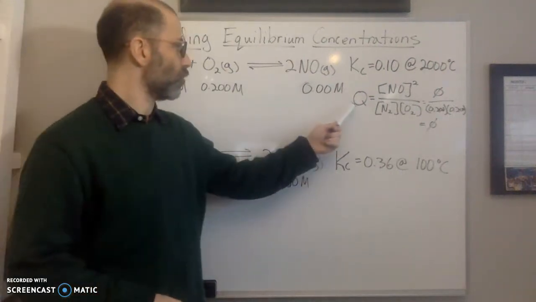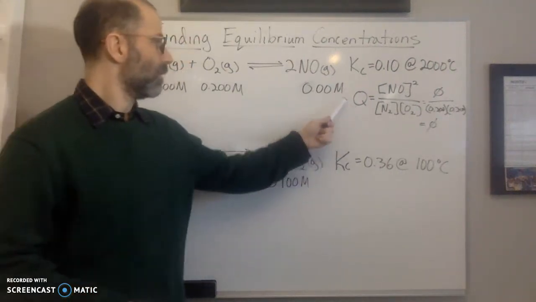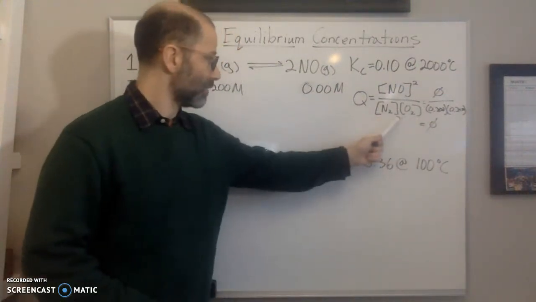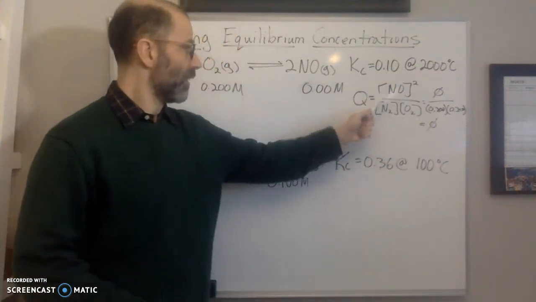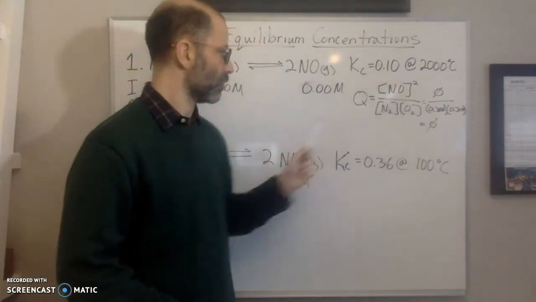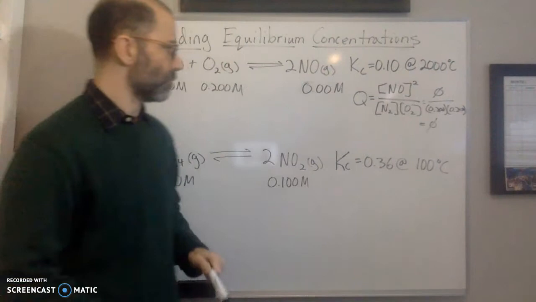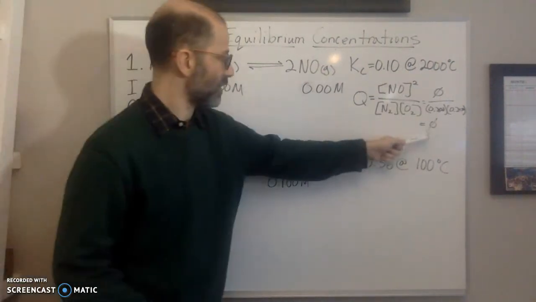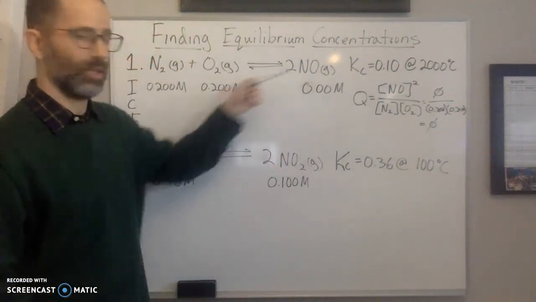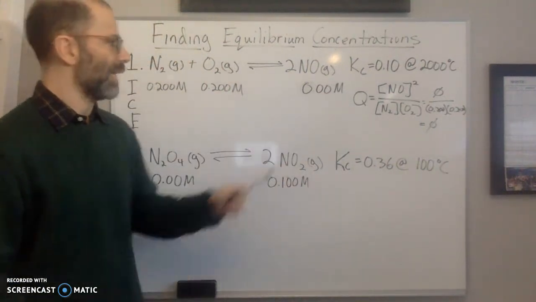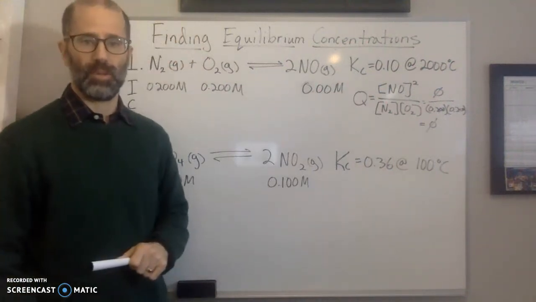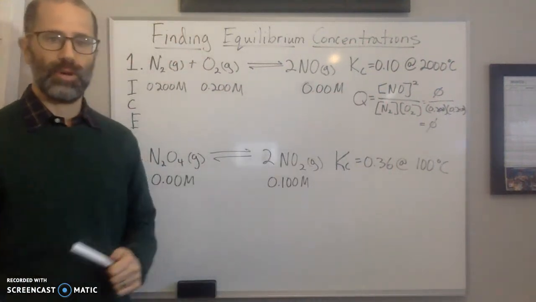If Q is less than K, that means you have more reactants and less product than you would have at equilibrium, so you need to make more product. So obviously 0 is less than 0.1, so we're going in the direction of making product. If Q was greater than the equilibrium constant, then we would go towards reactant.